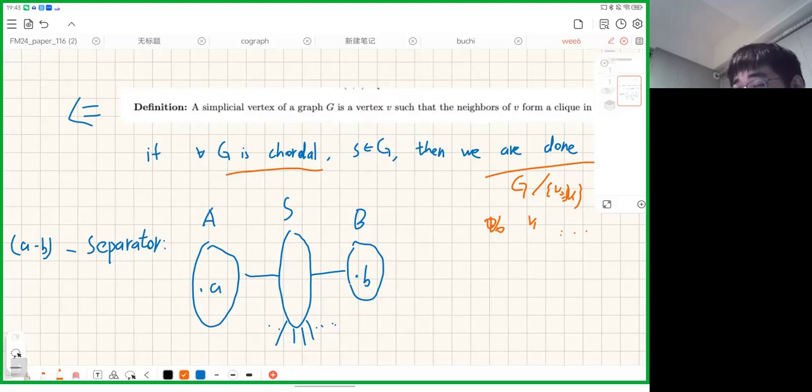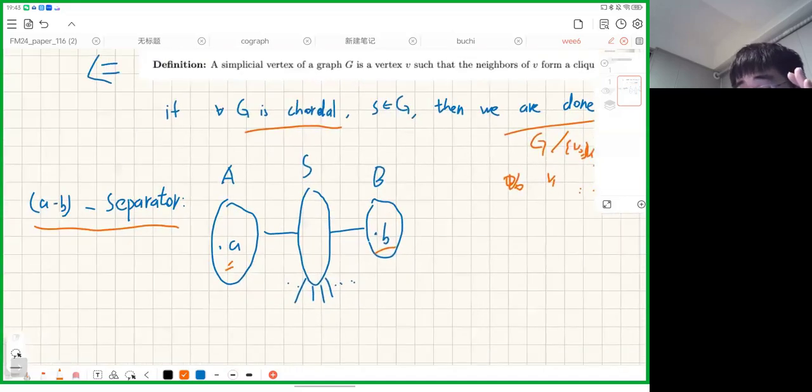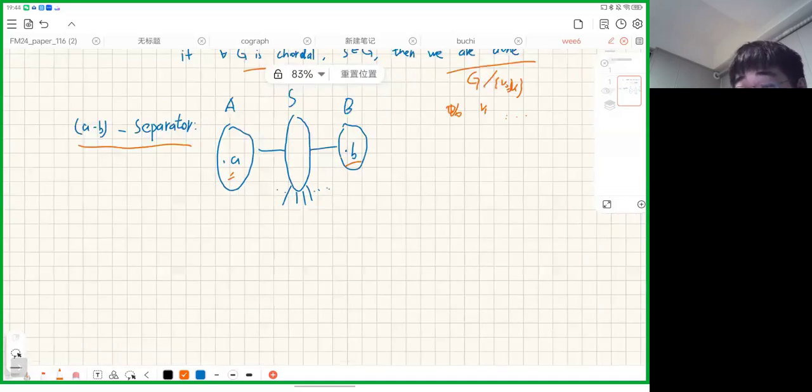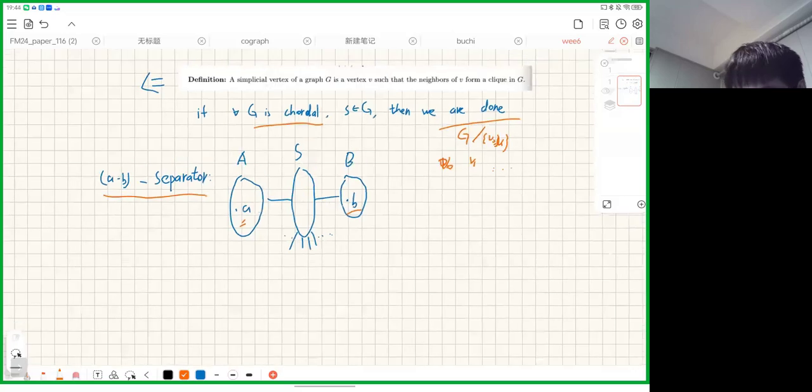Also, if the separator S separates two vertices A and B, so they are in different connected components, then S is an AB separator. Why do we need this one? Because we want to show another result.